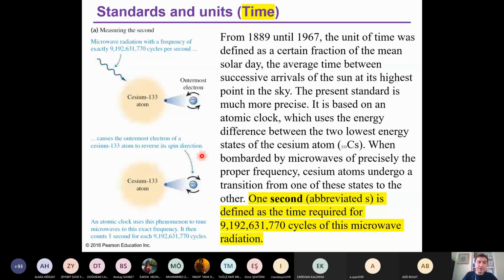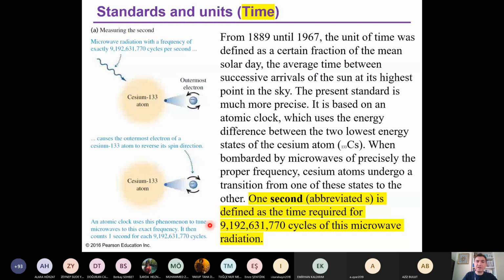Okay, so atomic clock uses this phenomenon to tune microwaves to this exact frequency. So 1 second is defined as the time required for this number of cycles of this microwave radiation, frequency of that electromagnetic radiation.